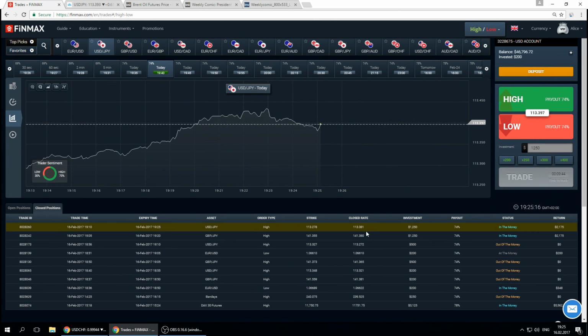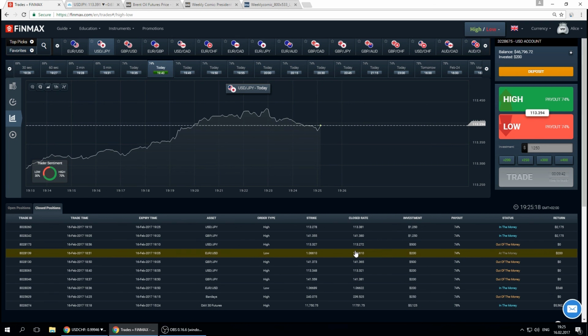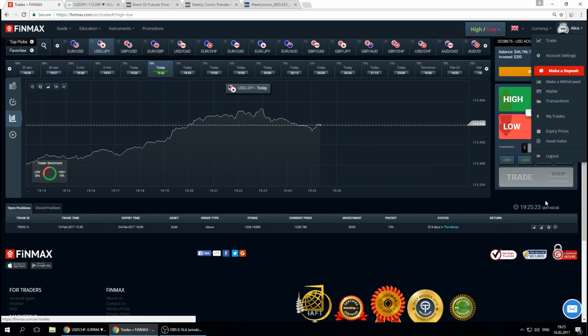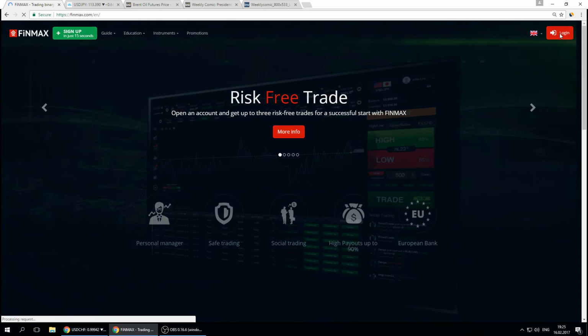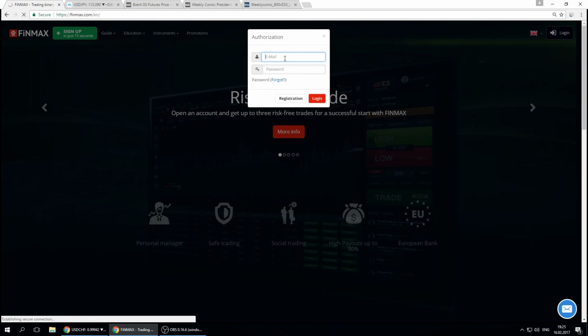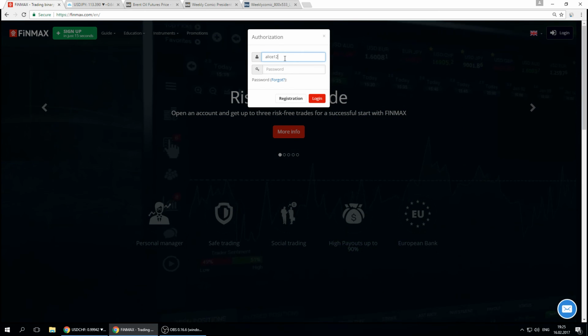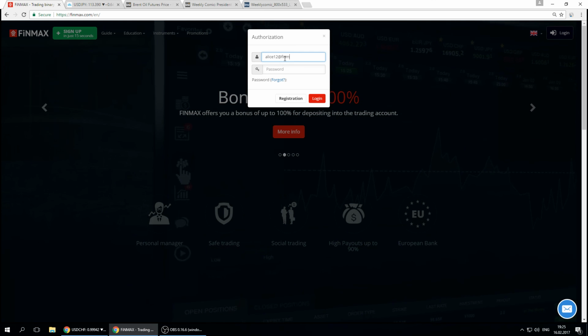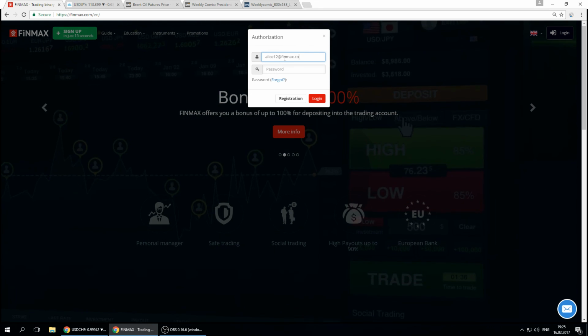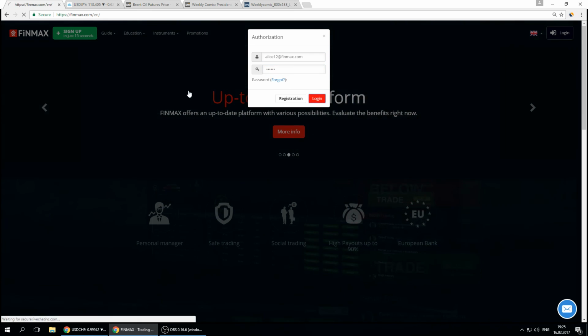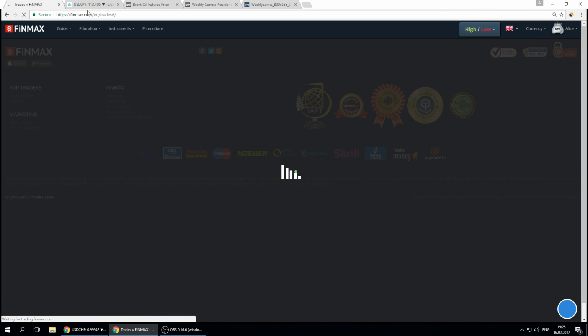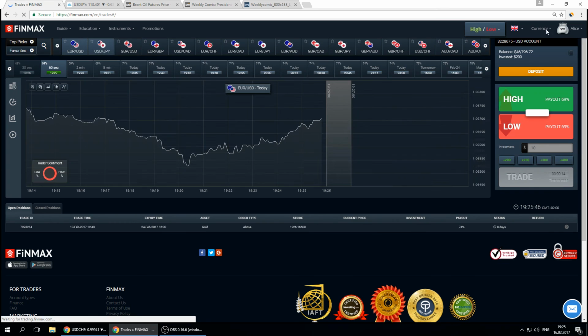So you see here the last 2 trades which expired in the money. So what we did today, we traded against the Japanese yen.